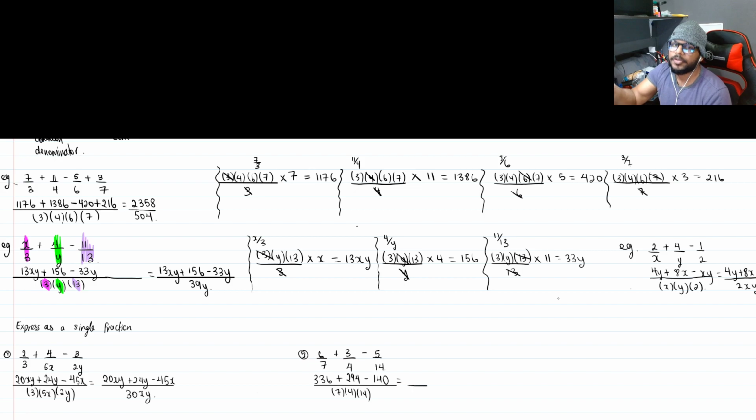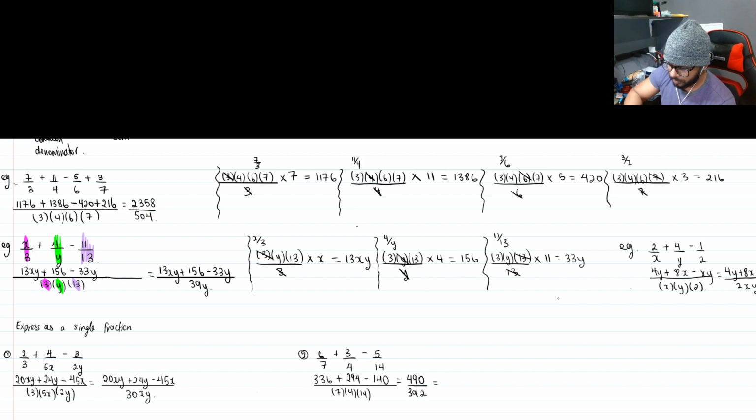Now, these are 3 numbers. I can subtract numbers from numbers. 336 plus 294 take away 140 is equal to 490 over, and now I'll multiply with my denominator. 7 by 4 by 14 is 392.